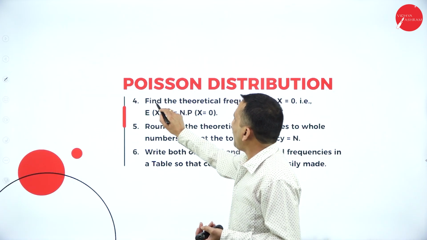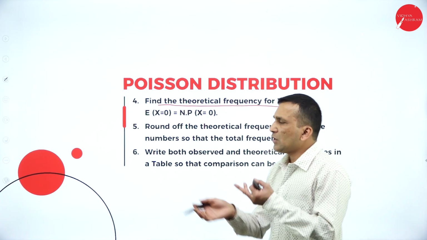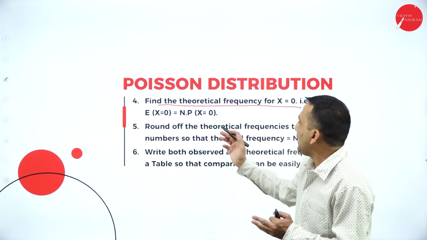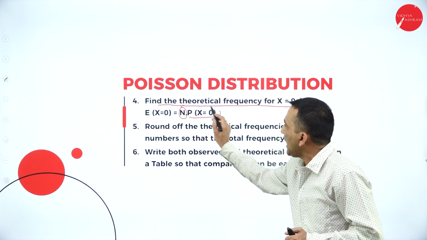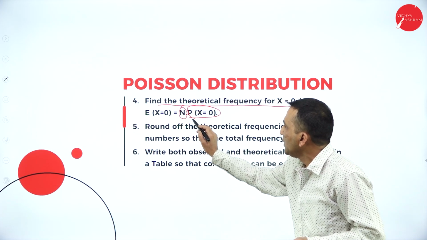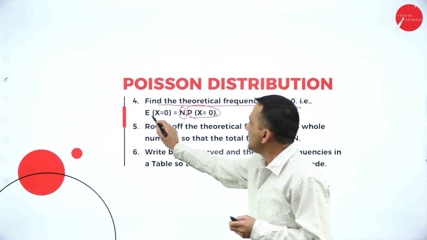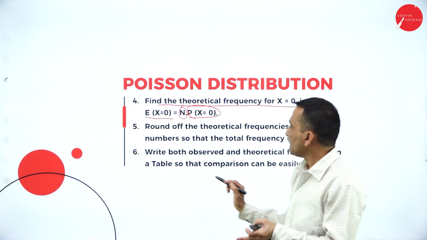The next step, find the theoretical frequency of x equal to 0. After finding the probability, you immediately multiply by the frequency total N, which gives the theoretical or expected frequency.